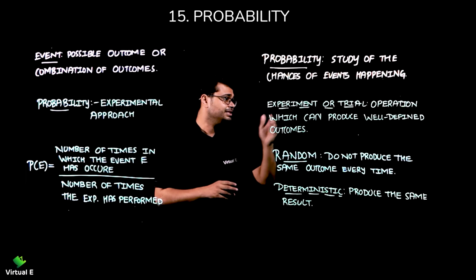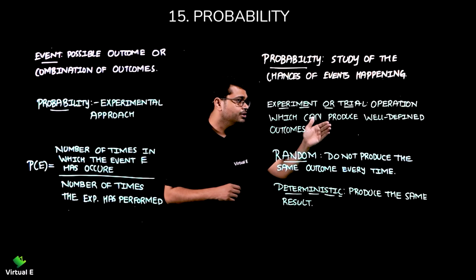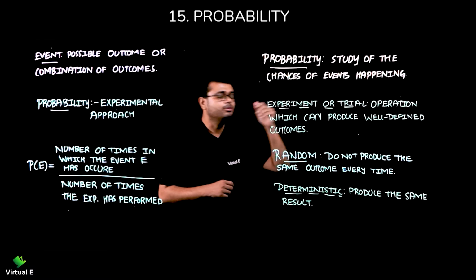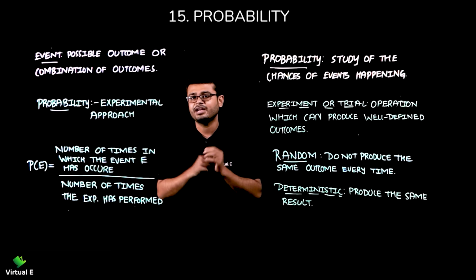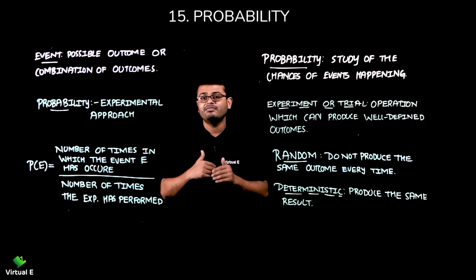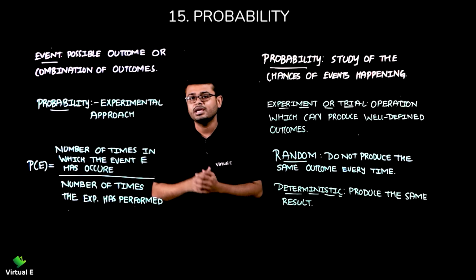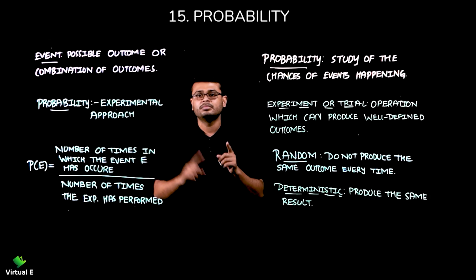Next term, it is experiment or trial. Operation which can produce well-defined outcomes. Okay, we are talking about the operations which has well-defined outcomes, means whose outcomes are already defined and we know very well. Just talk about the coin. If we toss a coin, we know either head will come or tail will come.